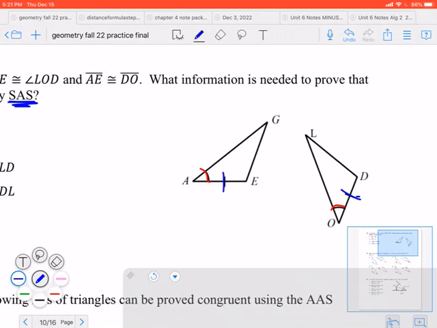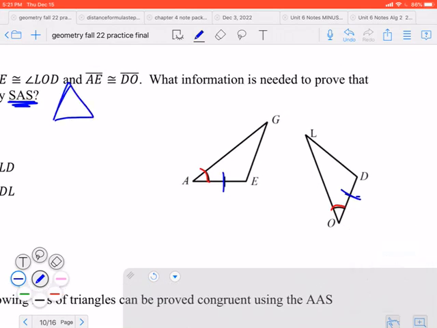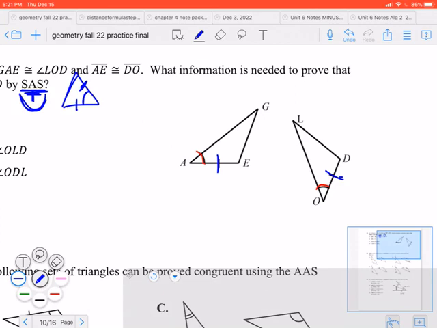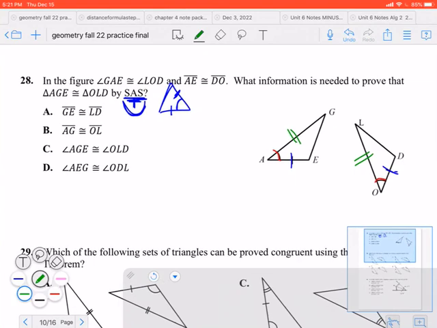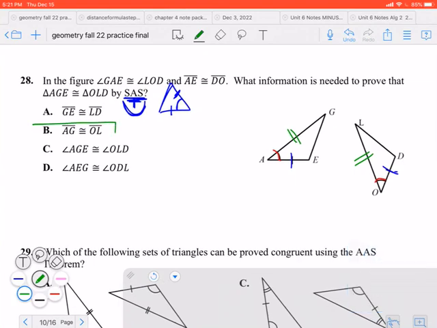Side, angle, side is where the two sides surround the angle. So if I have an angle, it would be the two sides touching that angle. So here, here's our side, here's our angle, so it would have to be that side. So AG and OL would have to be congruent for side, angle, side.